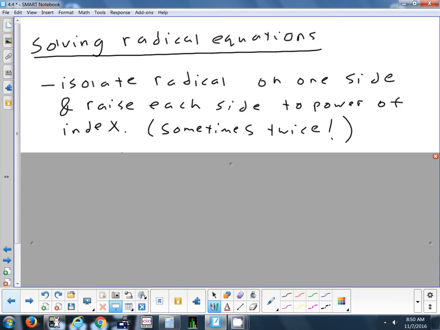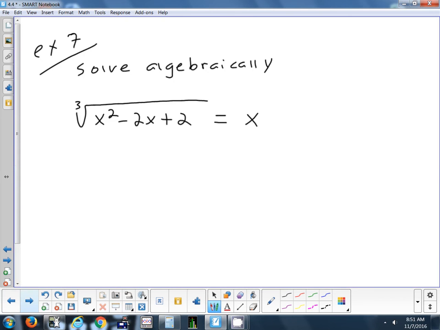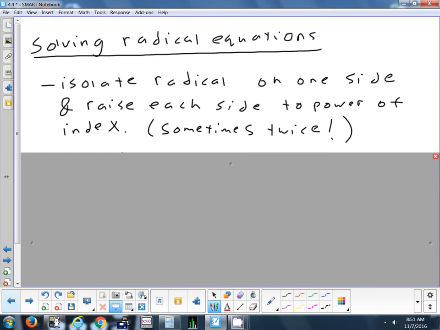Okay, so the goal, anytime you have a radical in your equation, you have to get it by itself and then raise each side to the power of the index. So if you have a problem with a cube root, you are going to cube each side. If you have a problem with a square root, you're going to square each side.